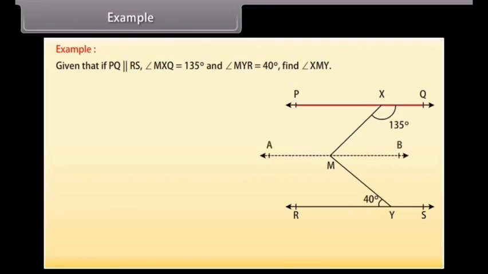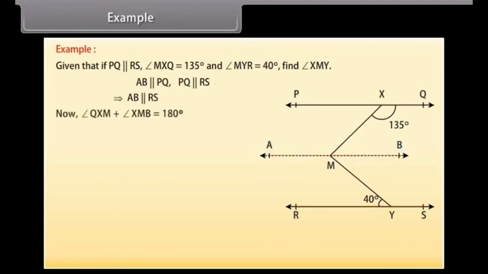For the solution, we need to draw a line AB parallel to line PQ through point M. Now AB is parallel to PQ, and PQ is parallel to RS. Therefore, AB is parallel to RS because two lines parallel to the same line are parallel.